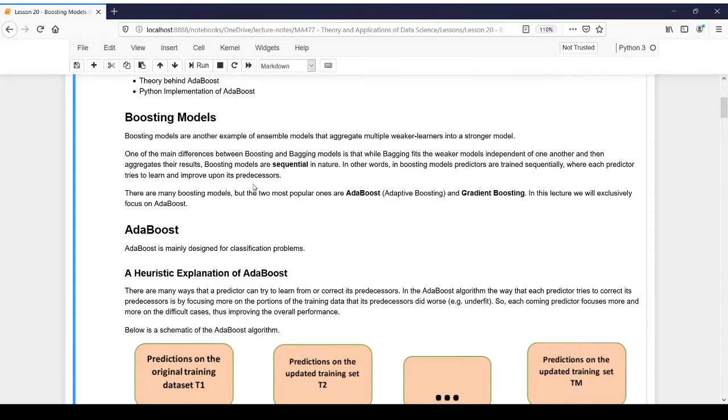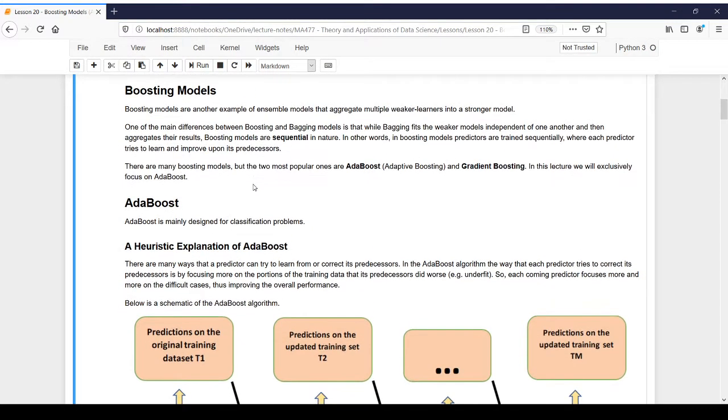So what are boosting models? Boosting models are another example of these ensemble models. Basically, they aggregate multiple lower level learners into a stronger and more sophisticated model.